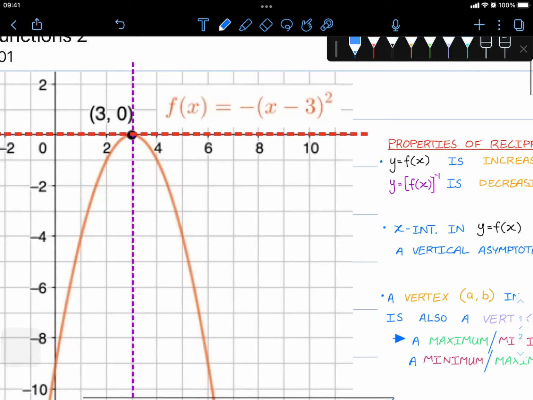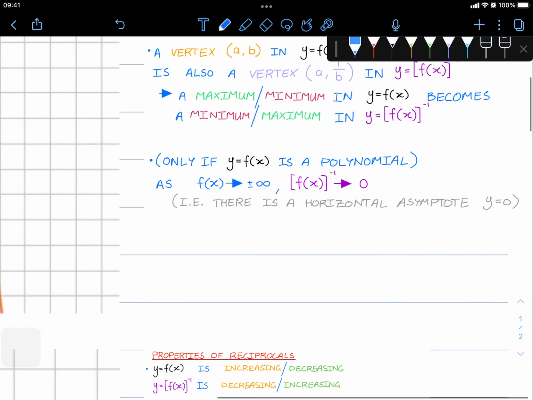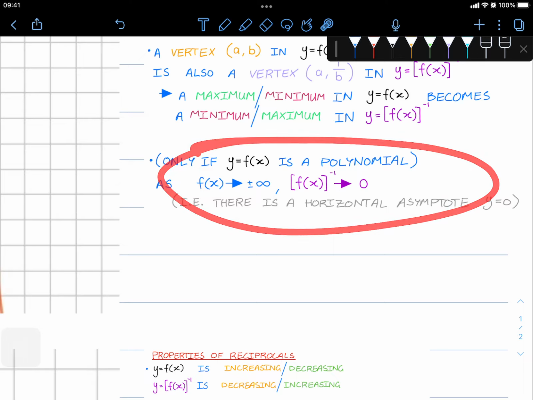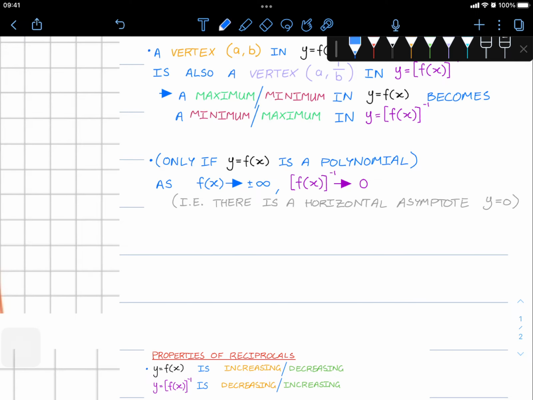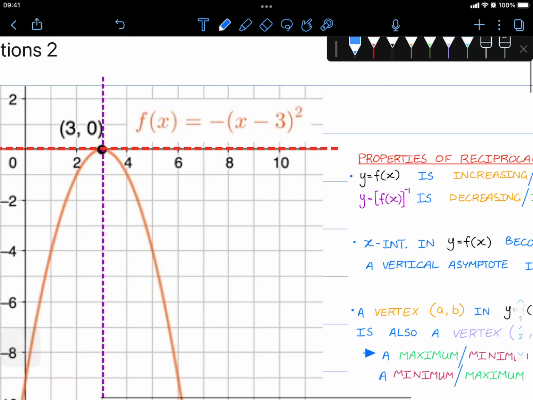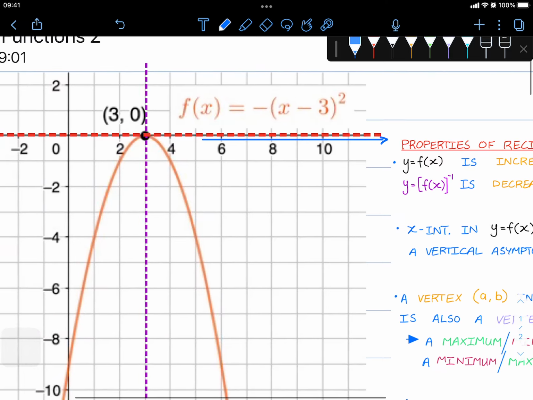So for example, as we move to the right, as we are approaching positive infinity, this point here states that the reciprocal approaches 0. So we already know that there's a horizontal asymptote very close to the line y is equal to 0.